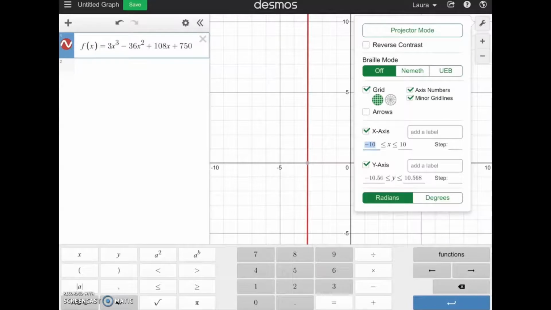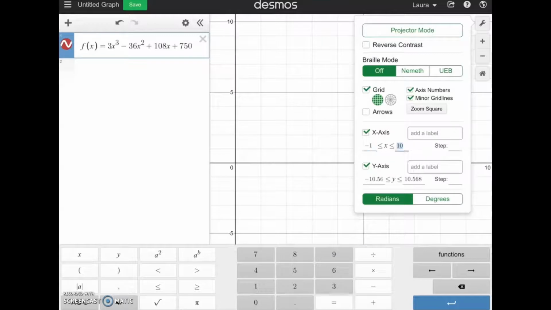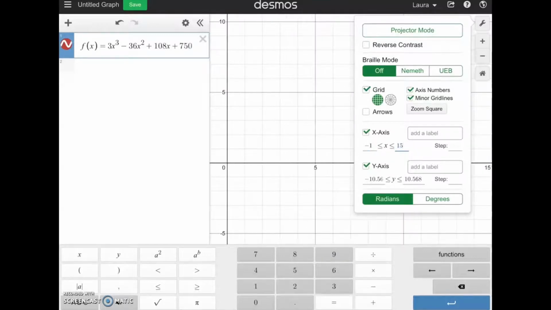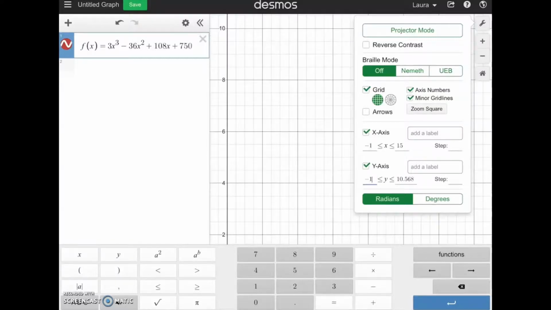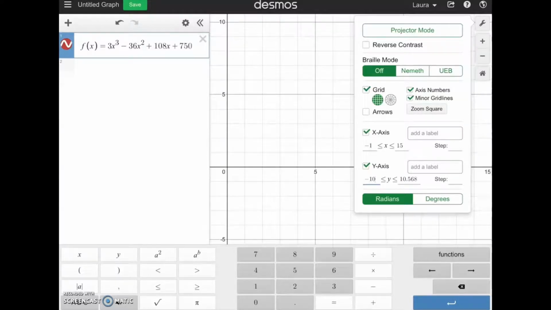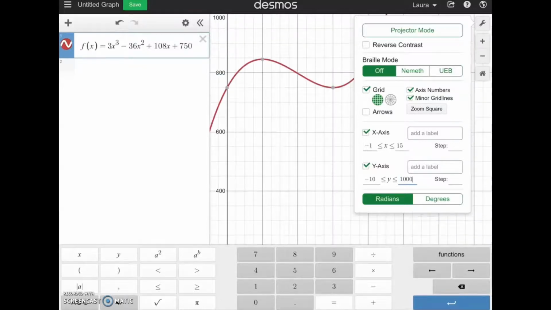My x-axis, I don't really care about negative time, so I'm just going to go from -1 to maybe 15 years out. And then the y-axis is modeling the duck population, and that should be a positive number. We'll go -10 just to be able to see where the horizontal axis is. But we should go up to, I'm going to try 1,000 and see what that looks like.